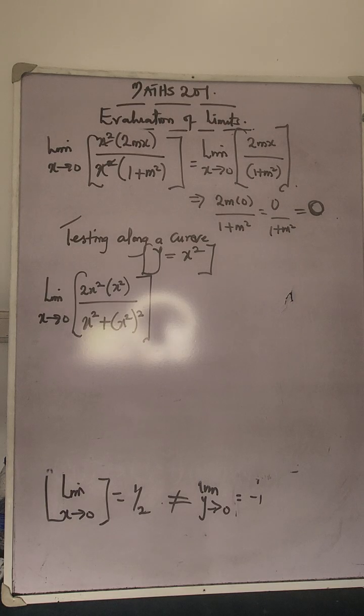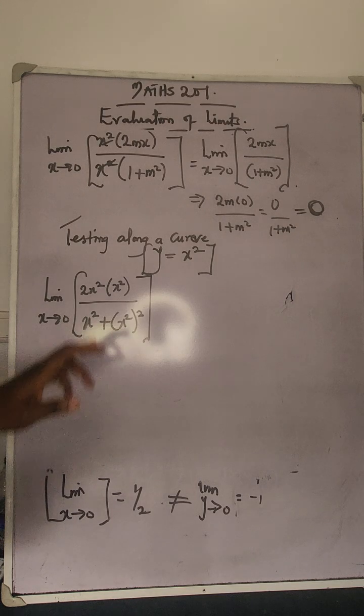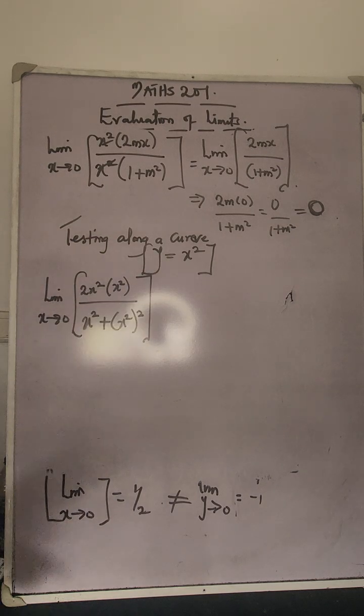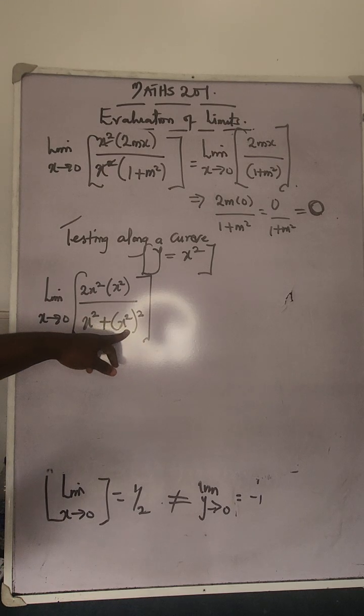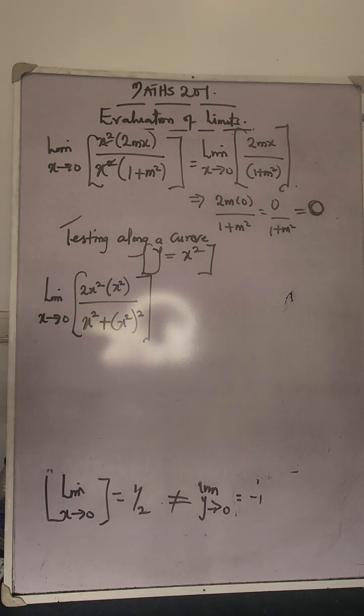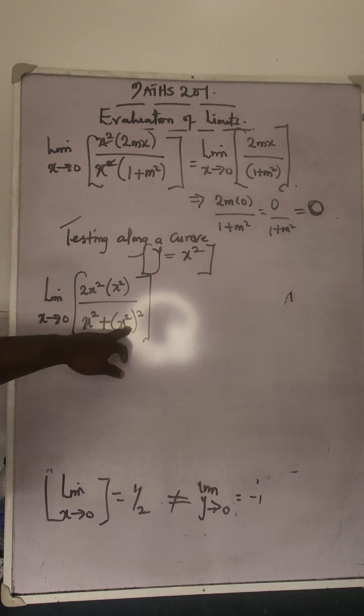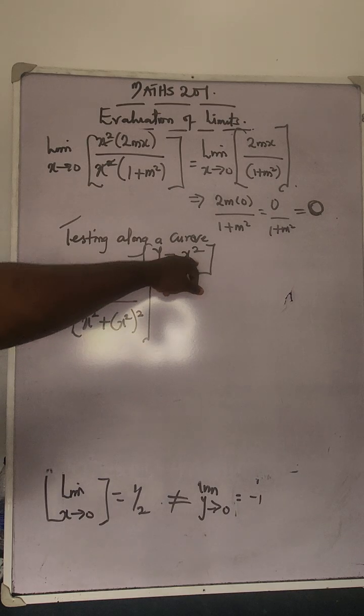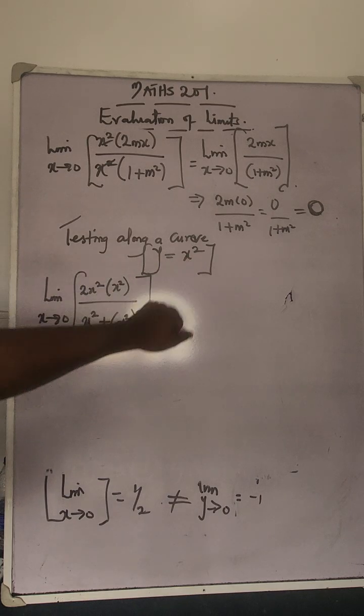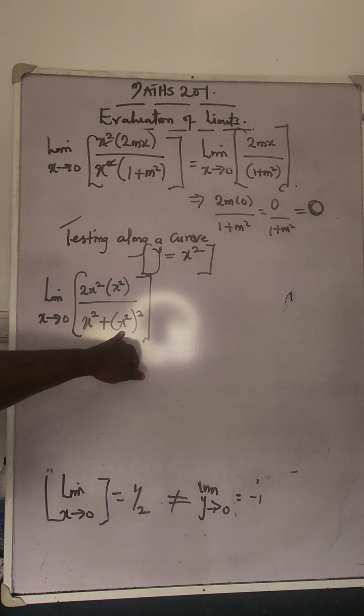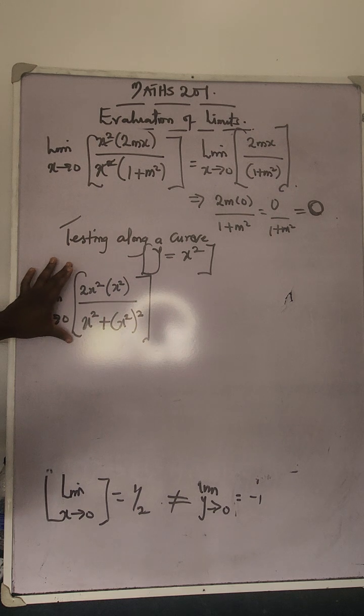What did I just do? I replaced every y with x squared. You remember that the question itself is 2x squared y over x squared plus y squared. And since y is x squared, I'm replacing y with x squared. This replacement happened in the original question.